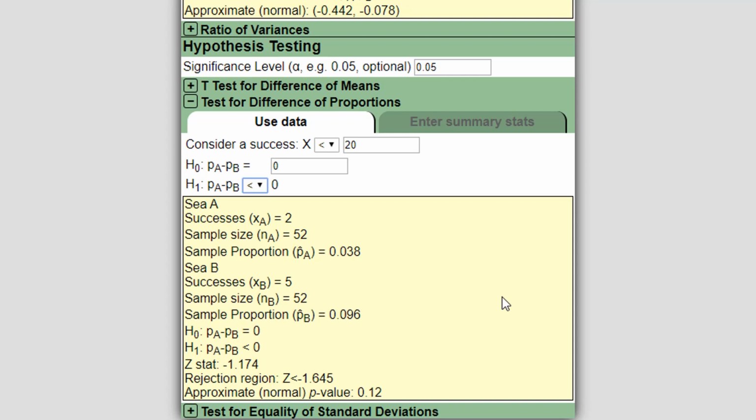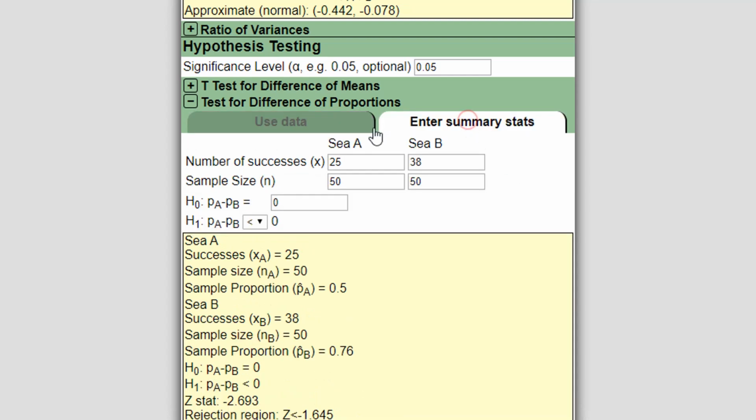There's not enough evidence to say that the sea turtles are significantly smaller. The proportion of small sea turtles is not significantly larger in CB rather than CA. And then you can do the same thing by entering summary stats.